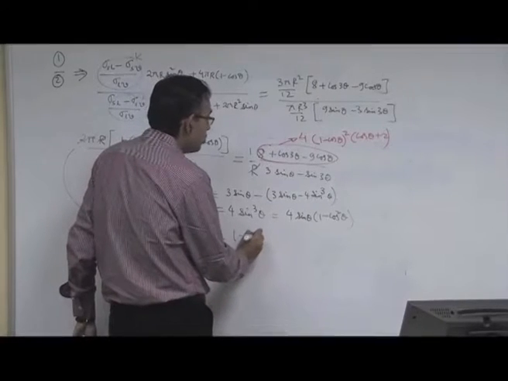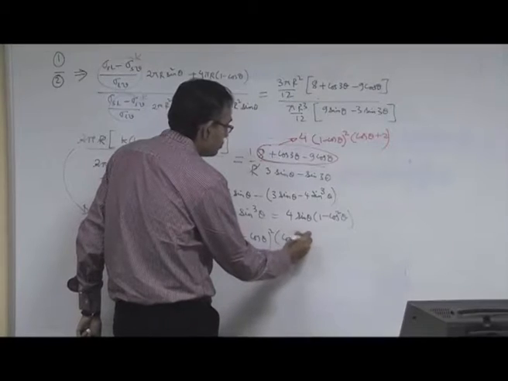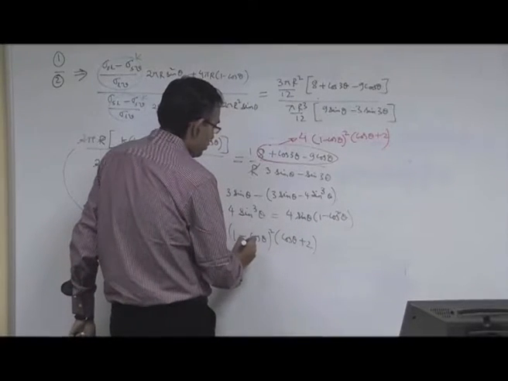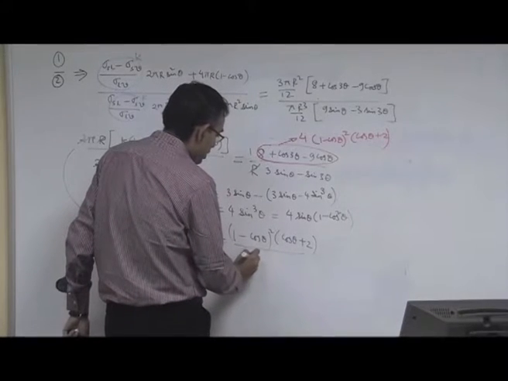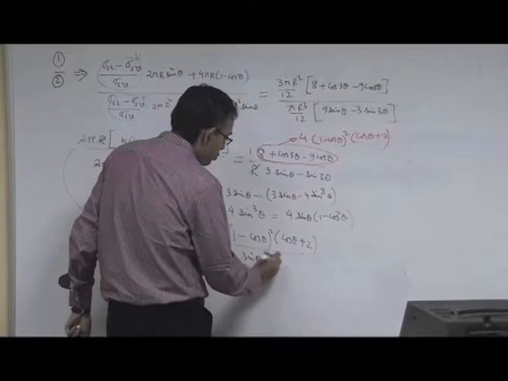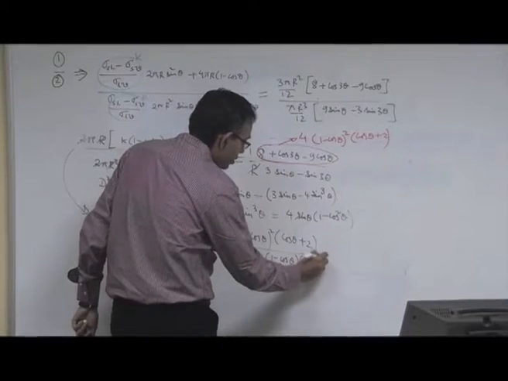So, (1 minus cos theta) whole square into (cos theta plus 2) divided by sin theta into (1 minus cos theta) into (1 plus cos theta), that is 1 minus cos square theta.